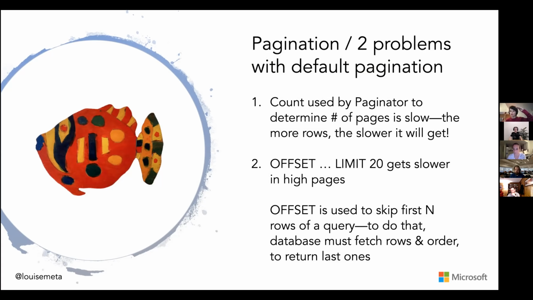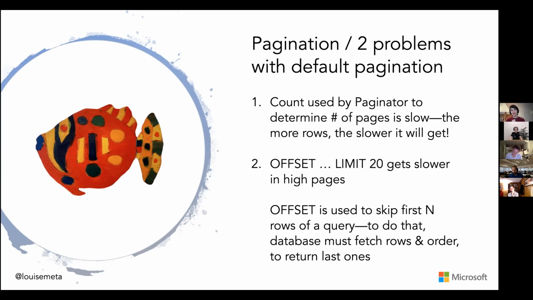It needs to go through all of the rows and find number 20 to 40. So when you are at that last page, you are actually loading those 1 million rows, and Postgres is returning you the last 20. So offset is terrible. It is the default in Django, and I wish it would change because there are better ways.